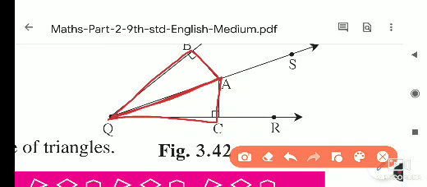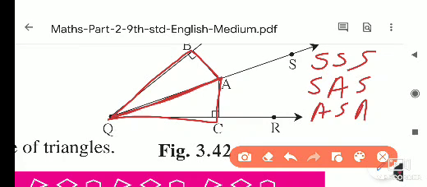If we are able to show these two triangles are congruent to each other by any test that we know, SSS, SAS, ASA, AA test of congruency, or otherwise the hypotenuse side theorem, then you are able to show AB is congruent to AC.